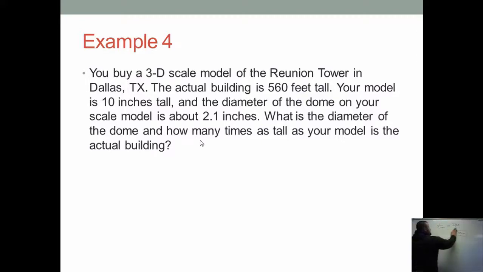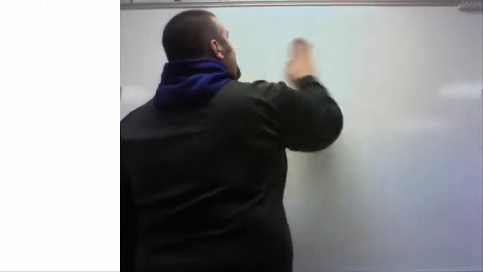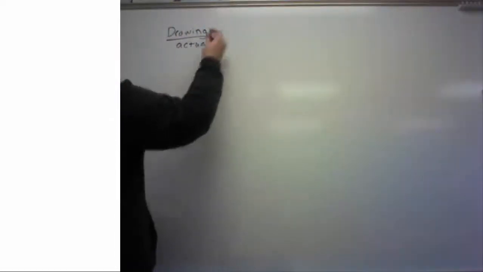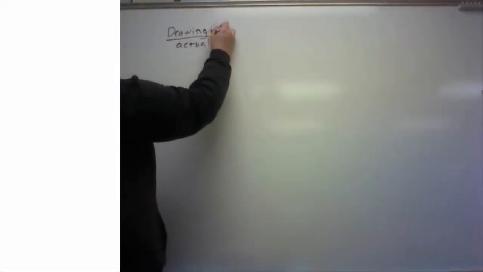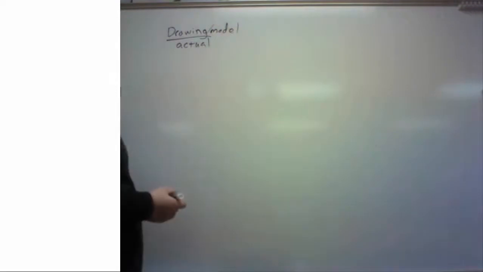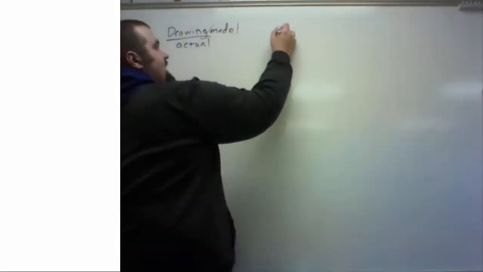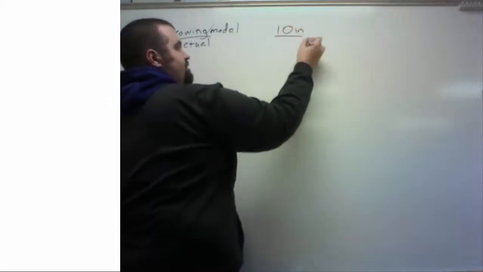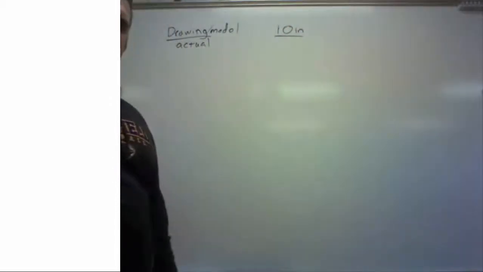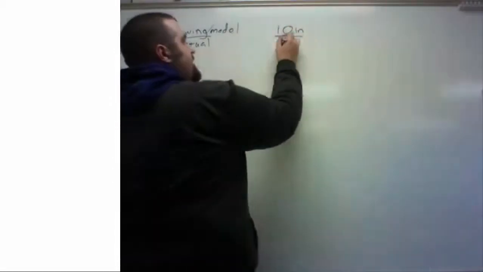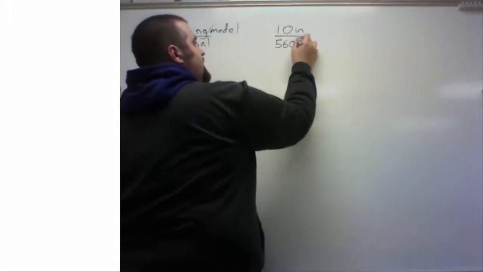Well, if I think of what I have here, I can do the drawing or the model to the actual. I know that the height of the model is 10 inches. I know that the actual building is 560 feet tall.